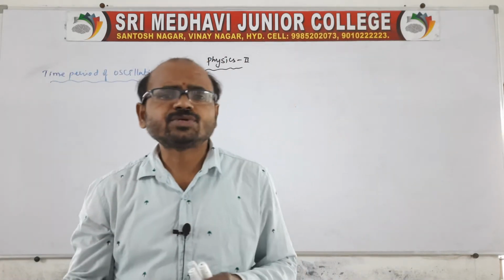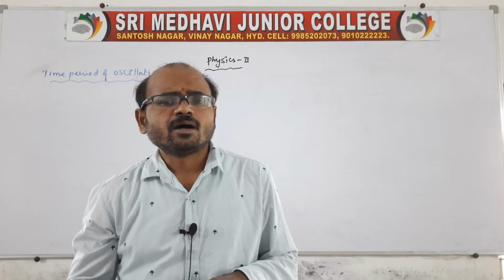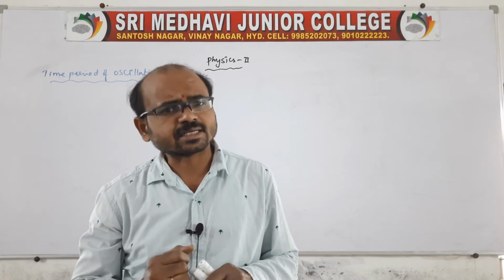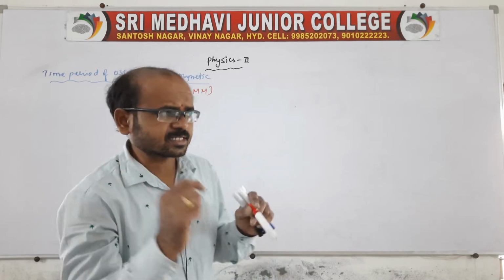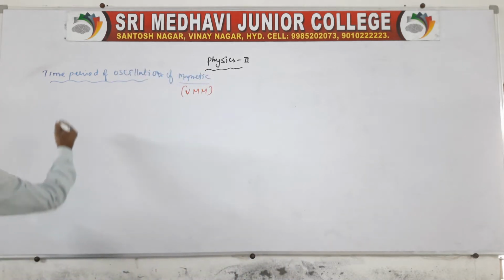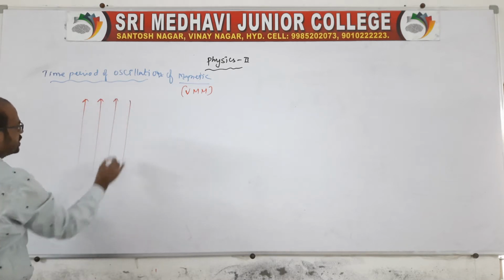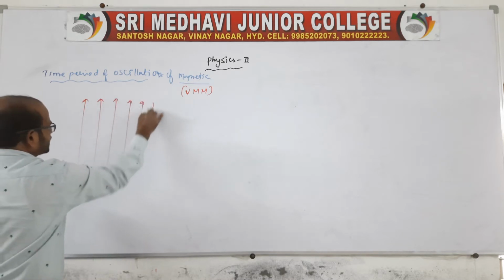Let us take a needle, that is a bar magnet, or a magnetic needle. The needle is suspended in a uniform magnetic field, which is the horizontal component of the earth's magnetic field, BH.